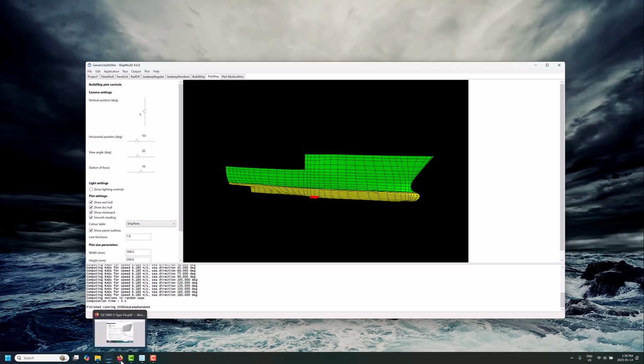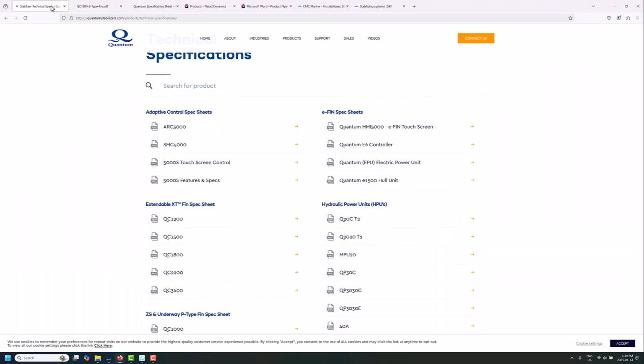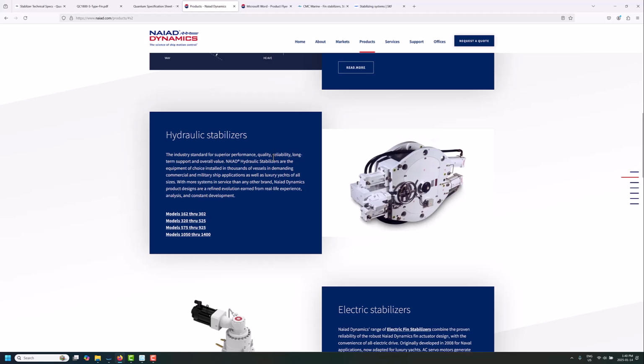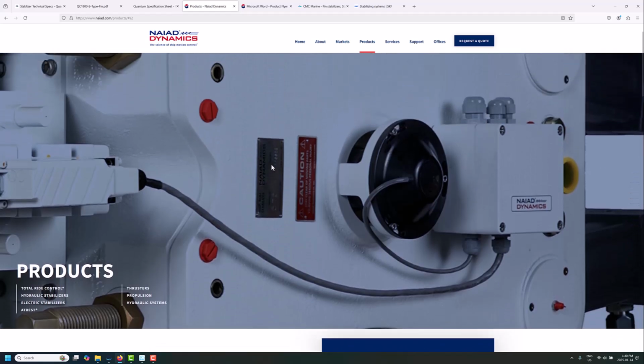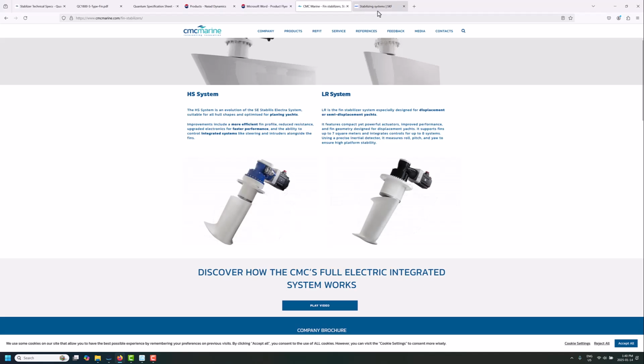You'll see these from well-known companies like Quantum Stabilizers, with a bunch of different kinds of fin designs, and lots of other well-known suppliers like Hydrodynamics, CMC Marine, SKF and so on.